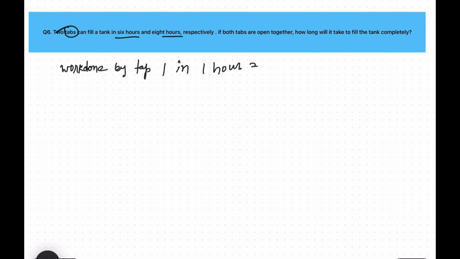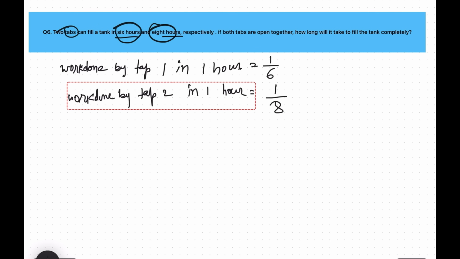1 over 6, correct? Similarly, we can find the work done by tap 2 in 1 hour, that will be 1 over 8, right? Now let's combine the 1 hour work.